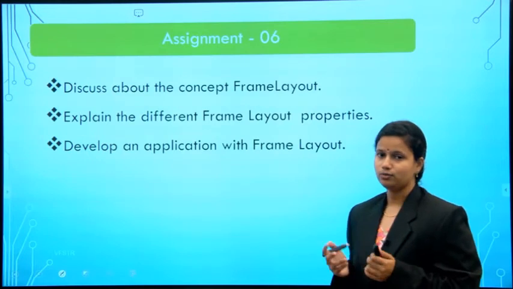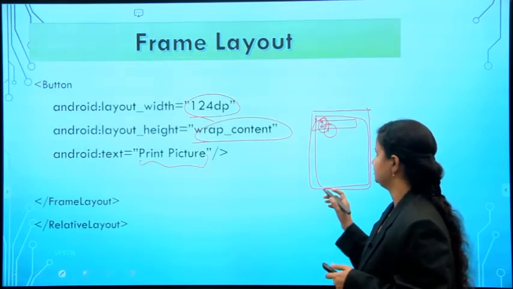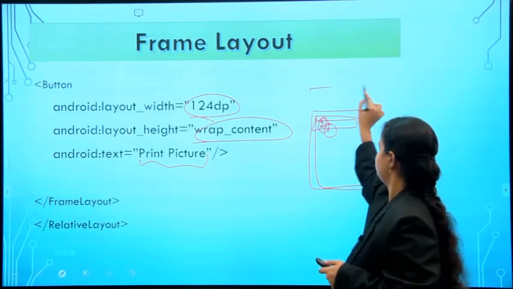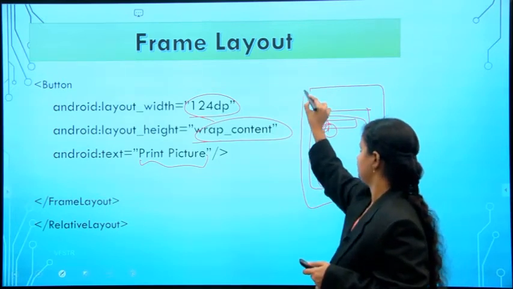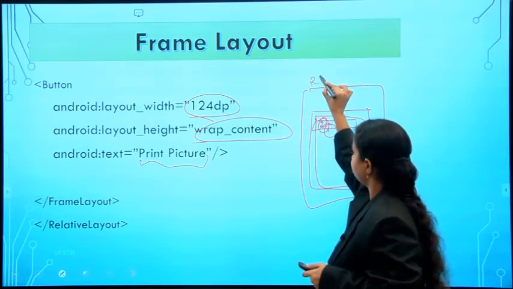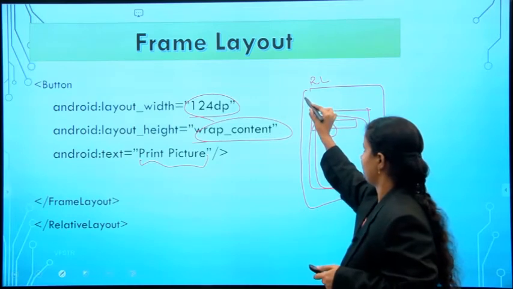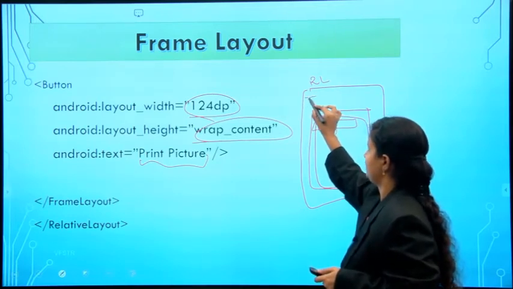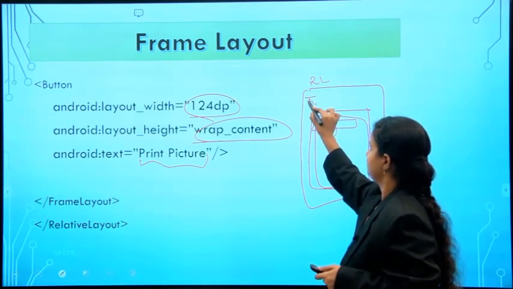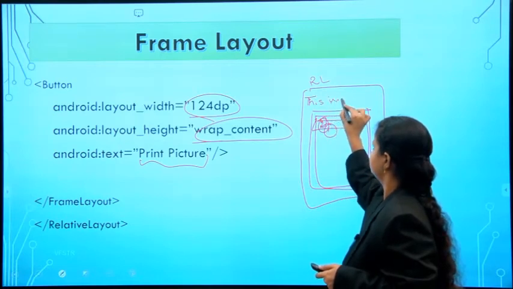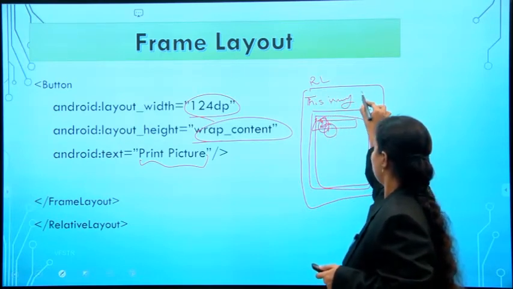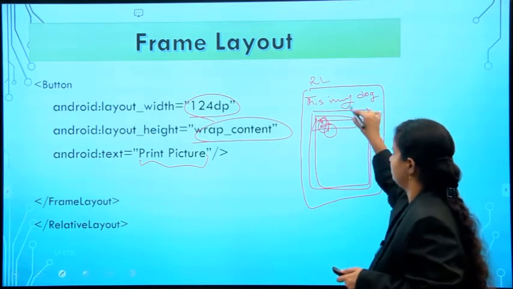So the output is like this. Within this activity, the entire space is a relative layout. It will display a text view like this: "This is my lovely dog" message will be displayed.